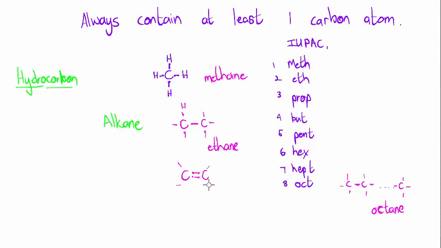And now this is still a hydrocarbon because it's still just hydrogens and carbons, but this is called an alkene. And so the only thing that changes, instead of ending on an ane, it ends on an ene. So this is ethene. And even if there was just one double bond in there, we would have called this octene.